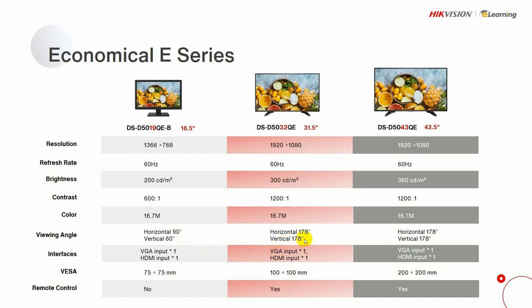The rest of them are all the same as the previous series. They all support horizontal 178 degrees and vertical 178 degrees. And they all have 1 VGA input and 1 HDMI input. And the bigger 2 economical E-series monitors support remote control, but the smallest one doesn't support remote control.